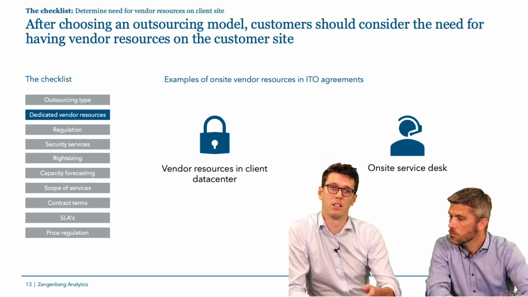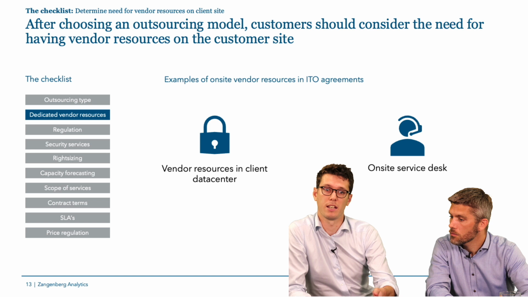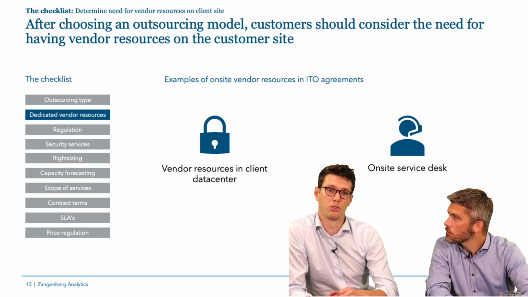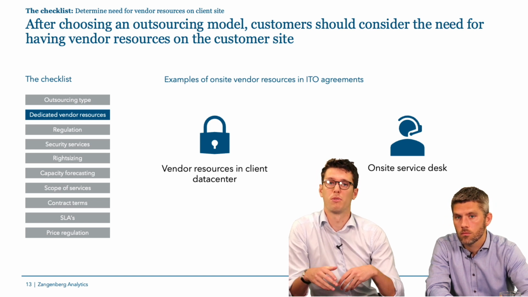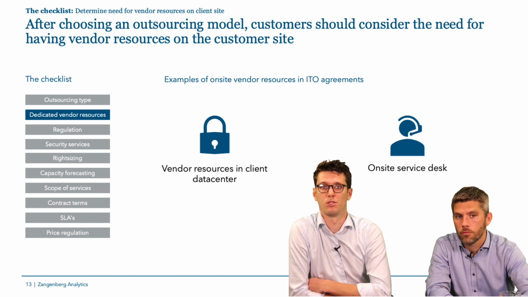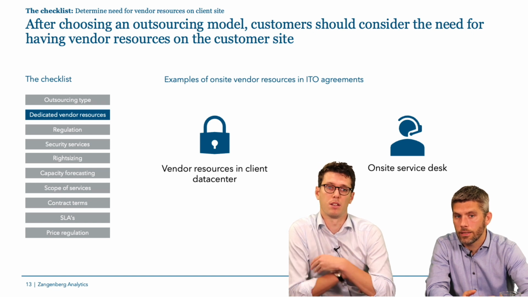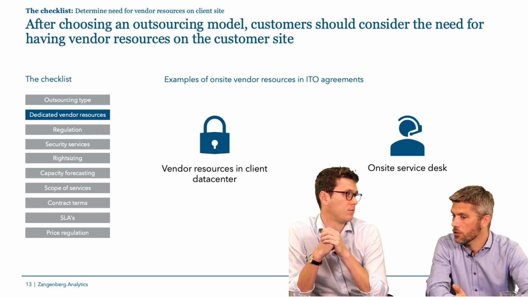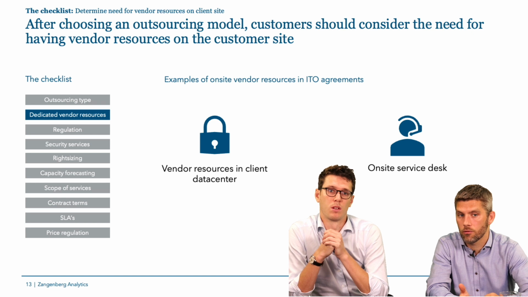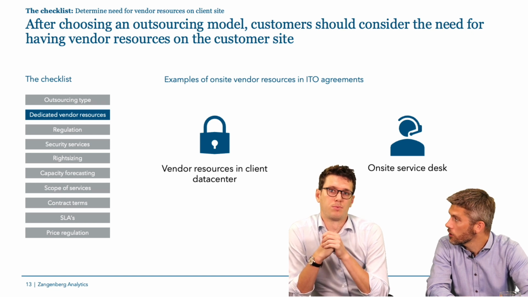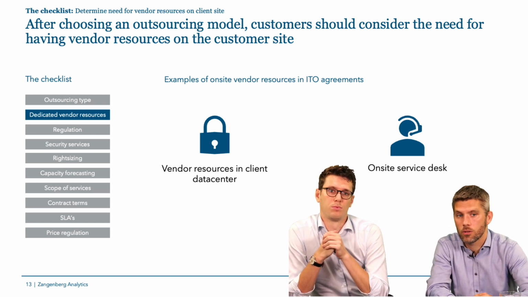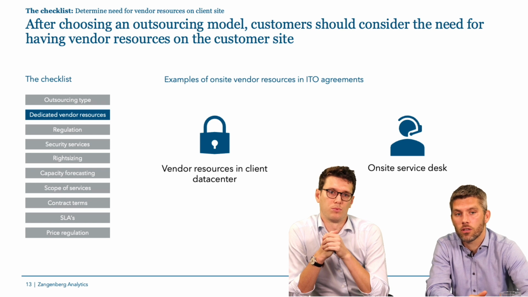They will have the vendor resources coming on site in the client's data center to perform the operational activities, so to speak. And the choice of that has a lot of cost impact. Of course, if you can avoid people on site at your premises, that's a huge saving for both you and the vendor.